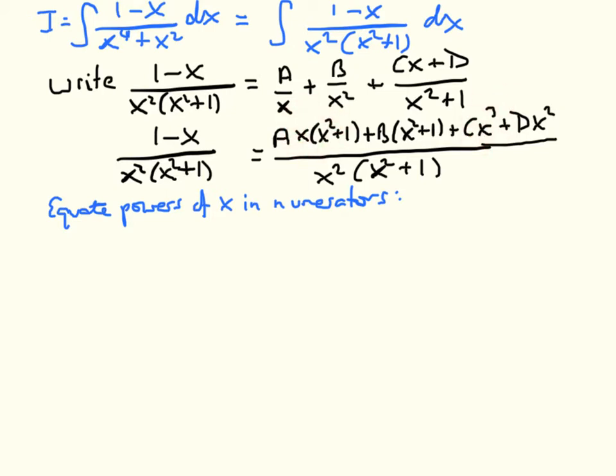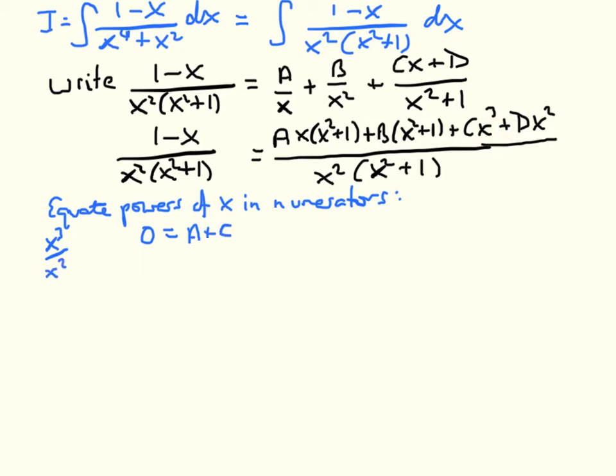So the coefficient of x cubed, on the left hand side there aren't any, so that's easy, it's 0, and on the right hand side it's a from x times x squared times a, and it's also c, so it's a plus c.